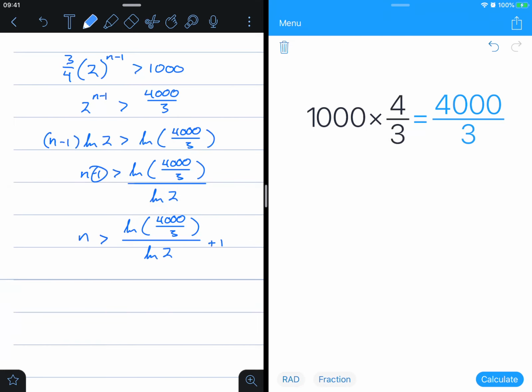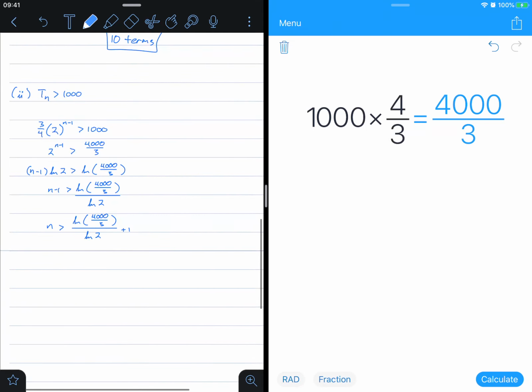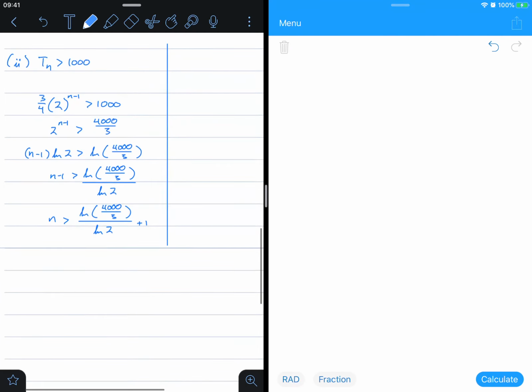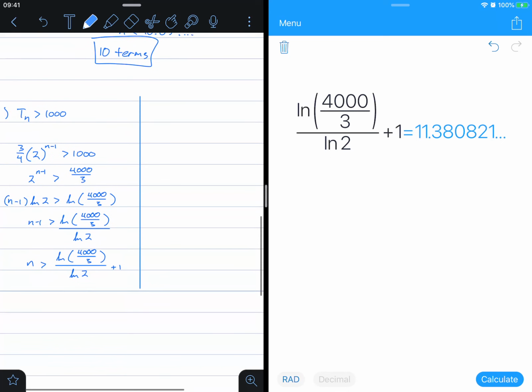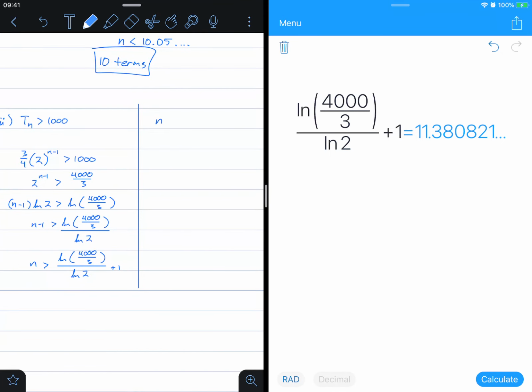Plus 1 to eliminate that negative 1. Into our calculator, here we go, ln of 4000 over 3 divided by ln 2, plus 1. It's going to be 11.3.